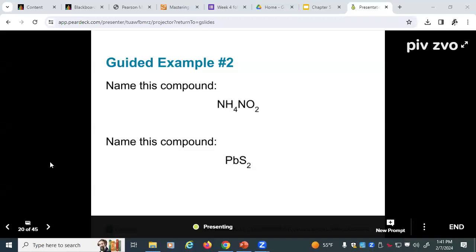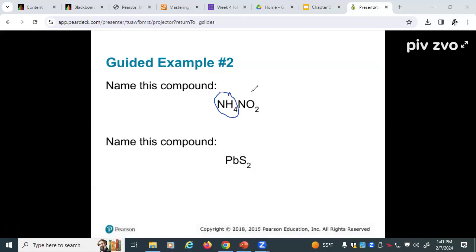All right, let's take a look at another couple of examples. In this case, we have to identify, we've got 2 different polyatomic ions. We've got NH4 and we've got NO2. NH4 is a +1, NO2 is a -1, so we can see that charges are equal, so we don't need further subscripts.